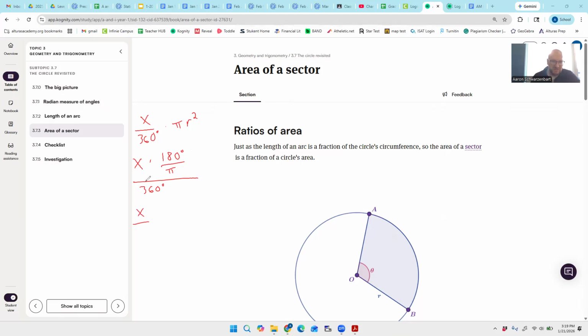I need the degrees to cancel. Let's write it out like this. Those cancel. I get X over 2, my pi's cancel, R squared. Or angle in radians, theta over 2, R squared, gives me the area of the sector if I am in radians. So there's that formula developed.